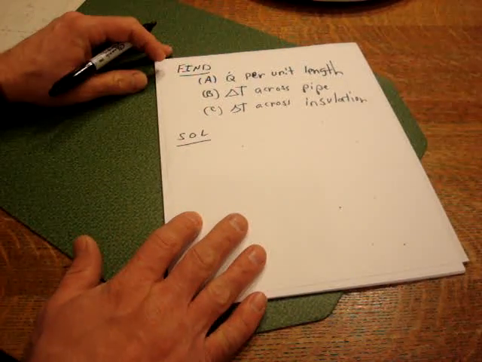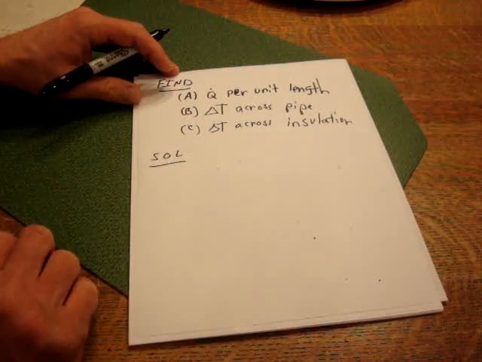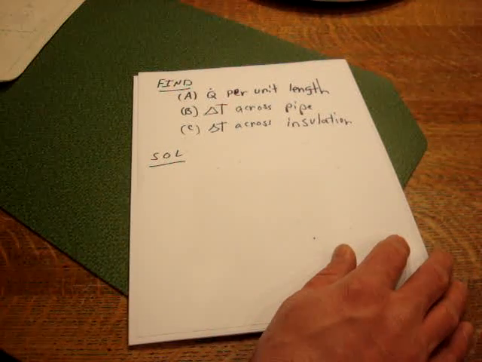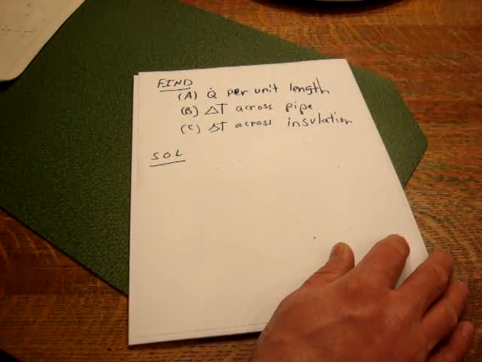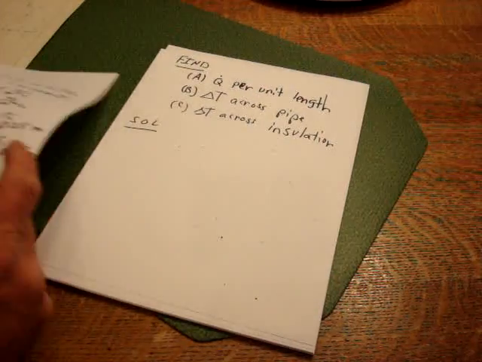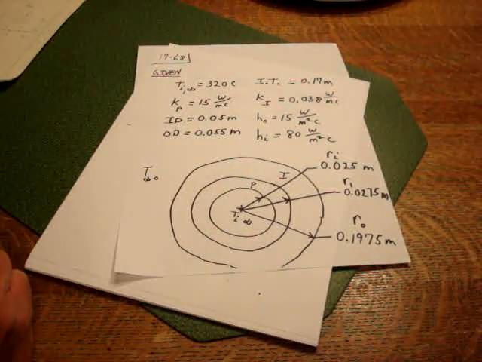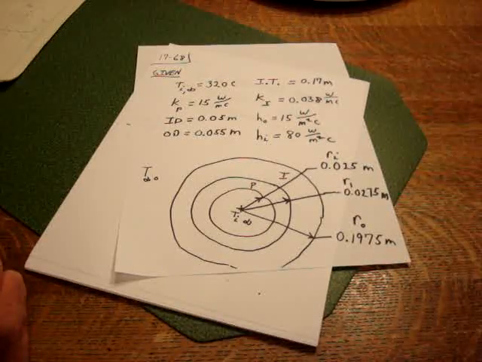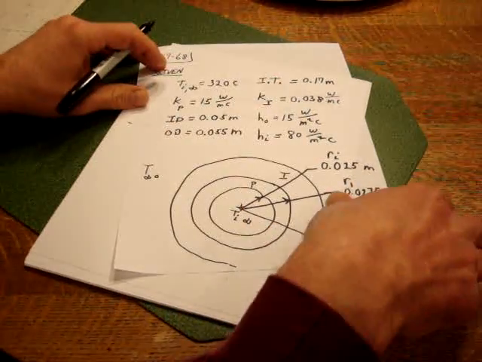What we want to use on this is the thermal resistance concept. Okay? So if you look back at our geometry here, if you look at our picture here, our schematic, let me redraw this pipe, maybe just a quarter section of it.